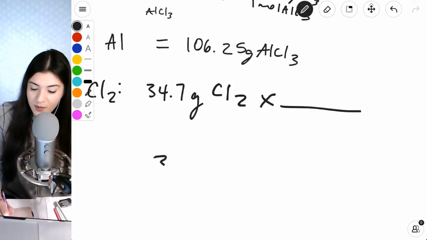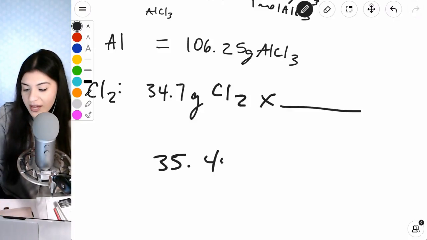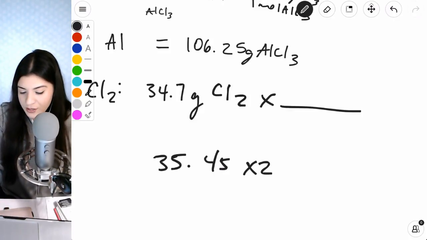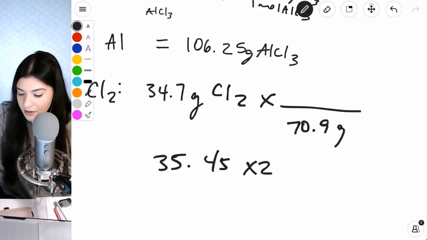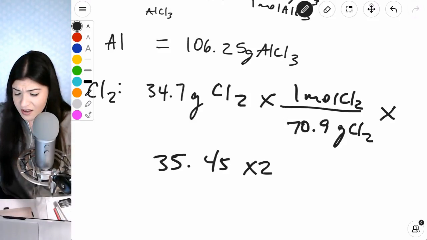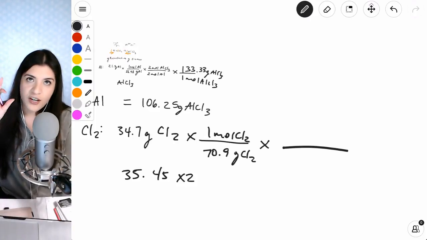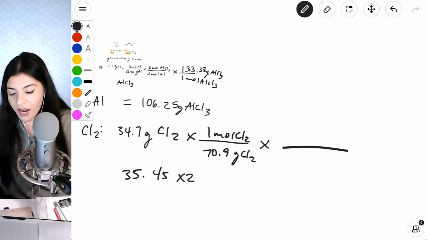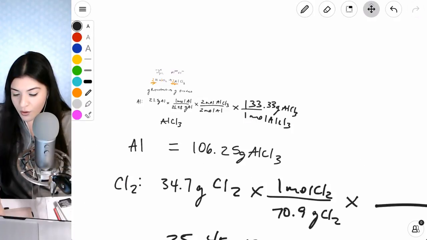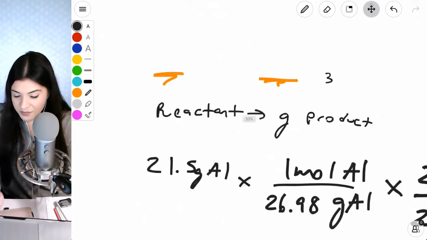What I'm going to do, let's go ahead and multiply by 2 because we have to figure out the molar mass. So multiplying that by 2 would have been 70.9. And then that's grams of Cl2 and 1 mole on top. Same sort of process. Now, instead of aluminum, we want to change Cl2 to aluminum chloride. Let's go back to our mole ratio or balanced equation.